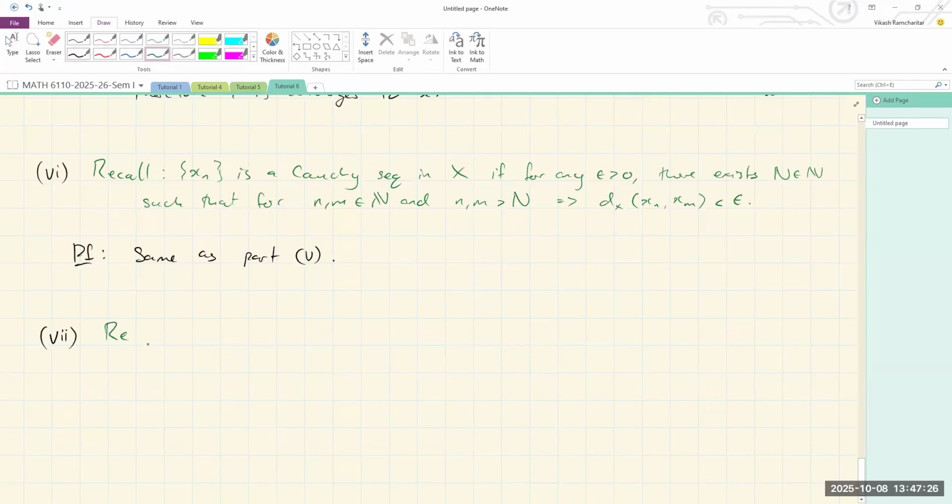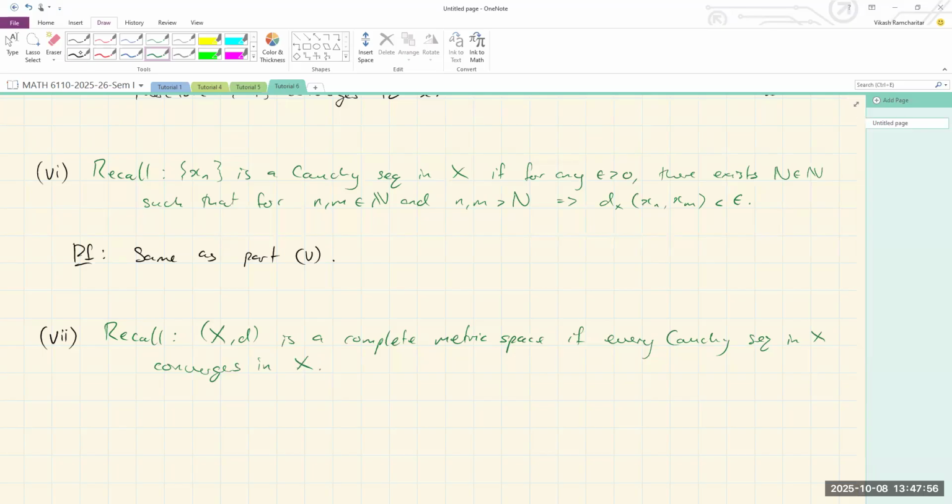So recall, what is a complete metric space? (X, d) is a complete metric space if every Cauchy sequence in X converges in X. Okay, and I claim that we already did everything we need to prove this.